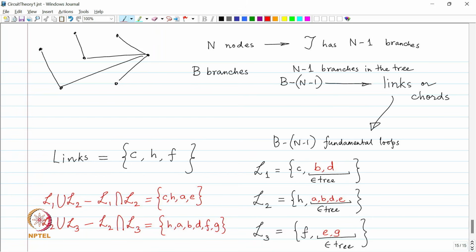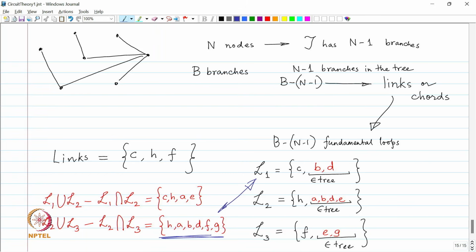You could even combine a fundamental loop with a non fundamental loop which you have just composed, just by this union minus intersection, this is basically the idea. You can create more and more loops by doing unions minus intersections. So, this loop can be combined with L1 and you will get yet another one.